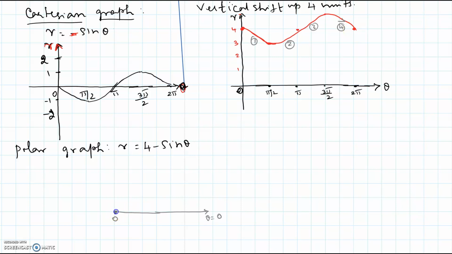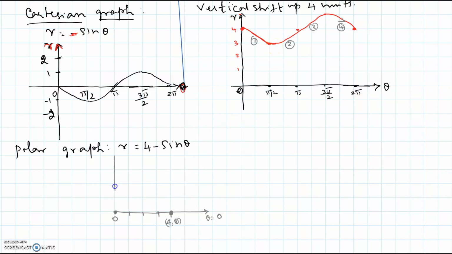So let's consider a pole and the axis theta equal to 0. At theta equal to 0, the r value is 4. So go along theta equal to 0, 4 units. This is r comma theta, with r equal to 4 and theta equal to 0. That is the first point of the graph. And then at pi by 2, it reaches 3.